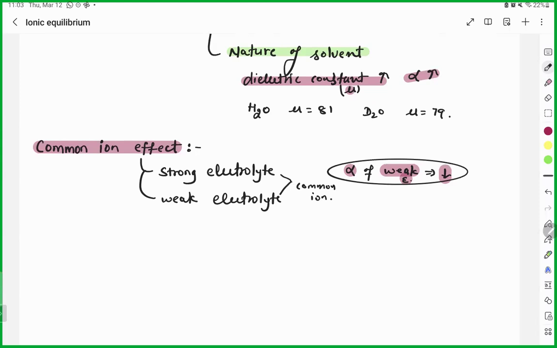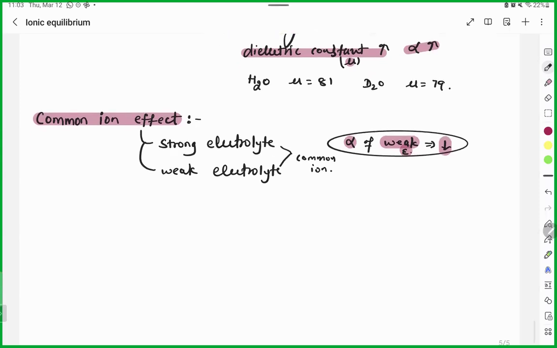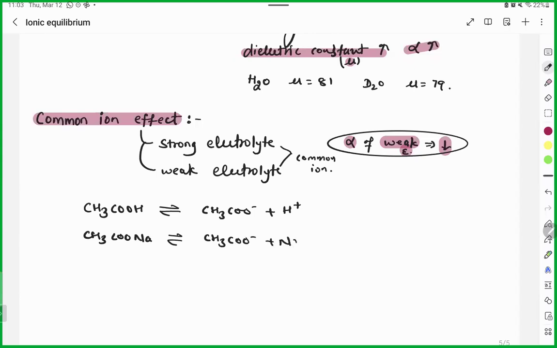Example: you have the weak electrolyte CH3COOH. It will break down into CH3COO negative and H positive. Now, if you take a strong electrolyte with the common ion, for example CH3COONa, it gives CH3COO negative and Na positive.